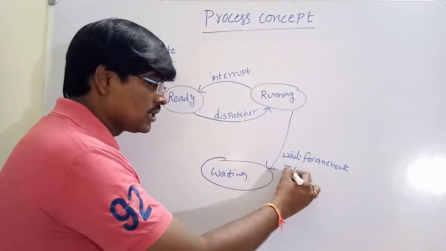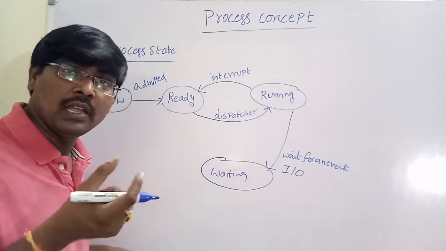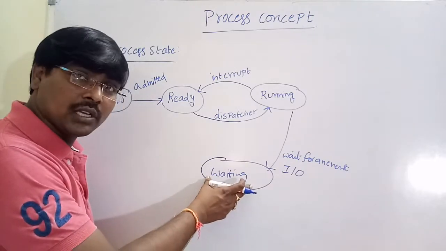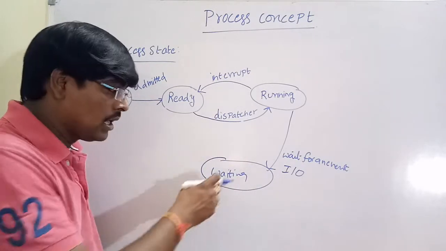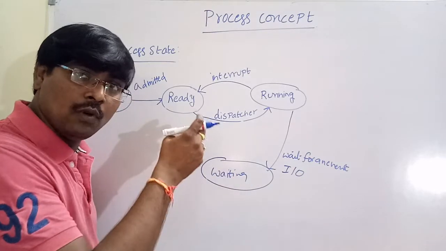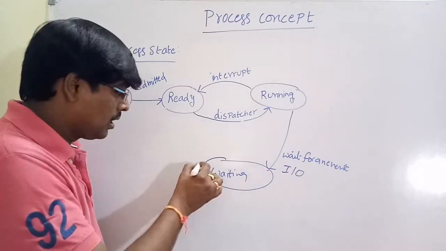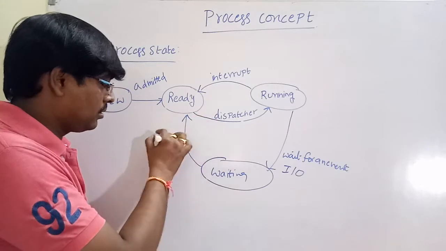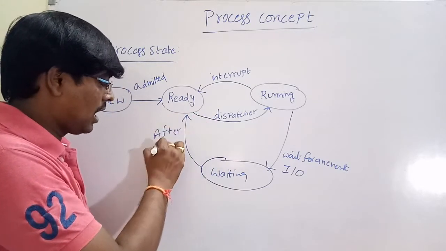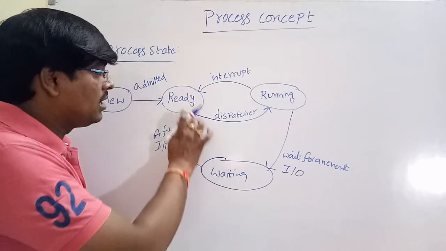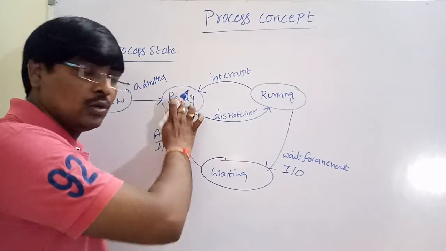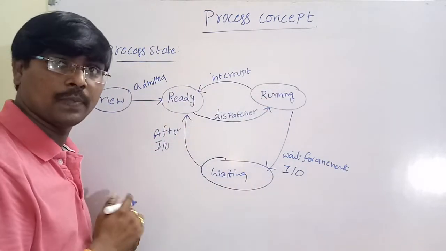Suppose simply assume some IO event. If you require any IO operation, you move to the waiting state. Then what happens in the waiting state? In the waiting state, all IO operations are completed. So after completion, after IO, it again moves to the ready state. This is the procedure.